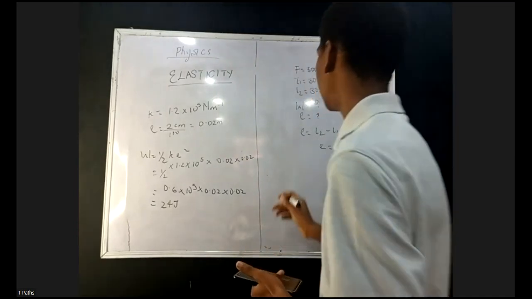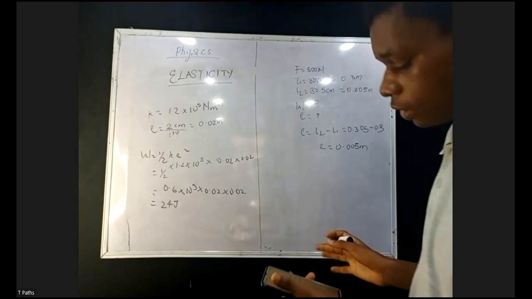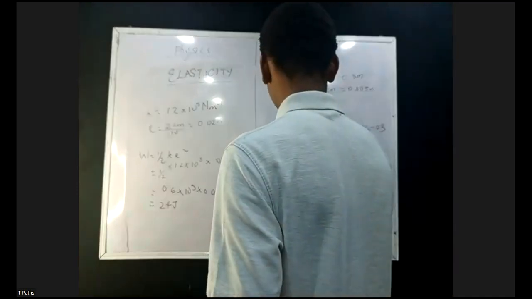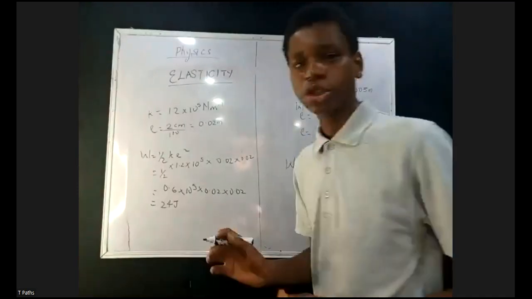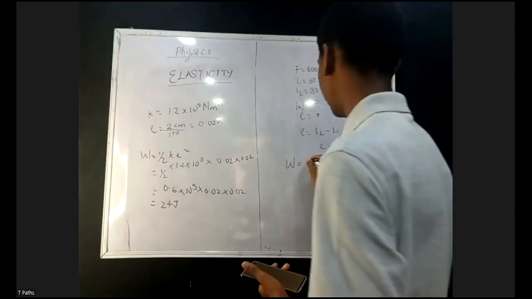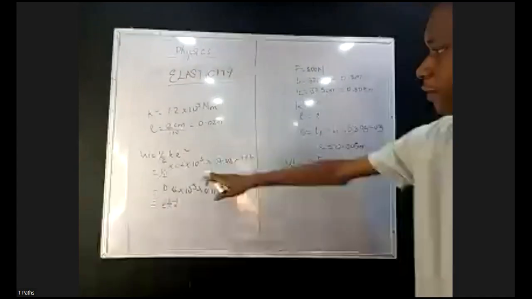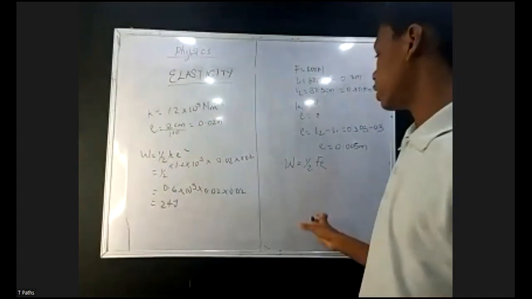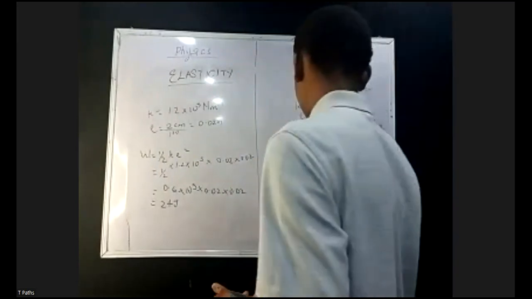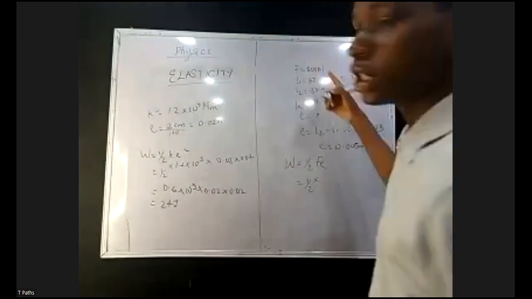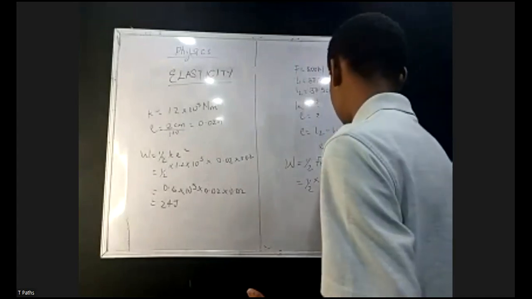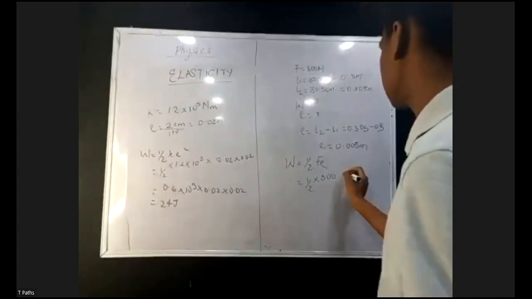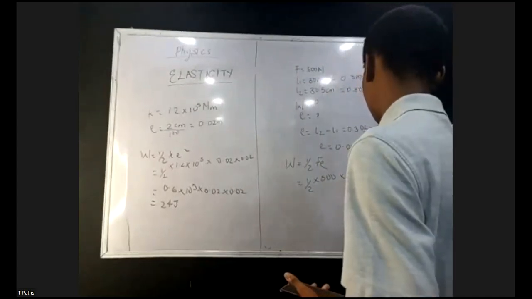So what I want to do is find the strain energy of the wire. In this question, I was given my force. So my work will become half F e, right? Don't forget I gave you two formulas: half K e squared, and then half F e. So with this, I'll say 1/2 times my F, which is my force, 300 Newton, while my extension is 0.005.